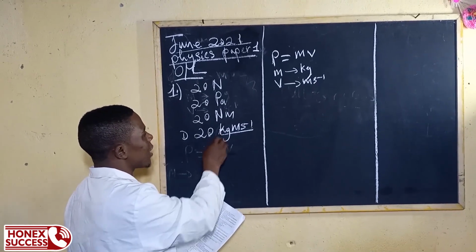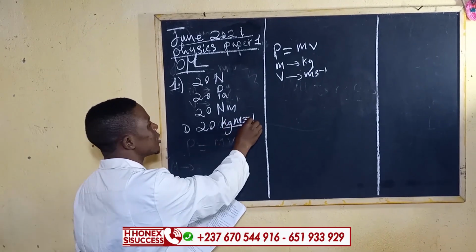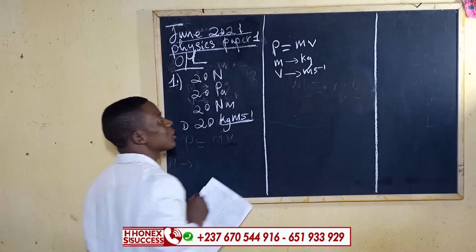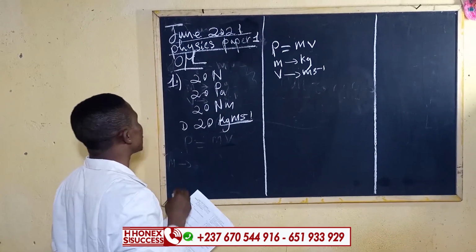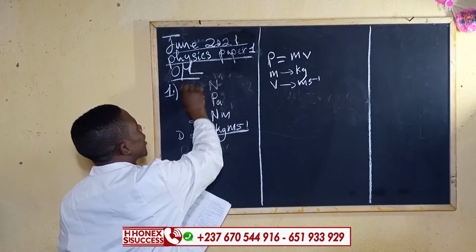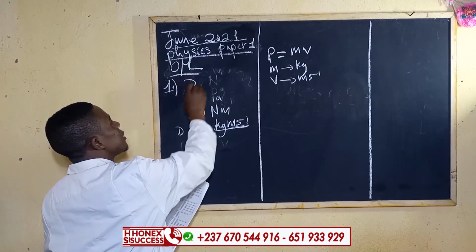Why is it so? Because of this unit. This unit here corresponds to the unit of measurement of linear momentum. So in other words, we are saying that the answer to this number 1 will be D.